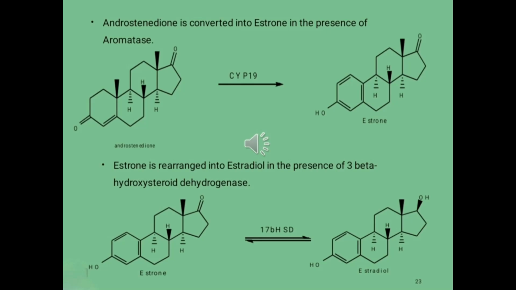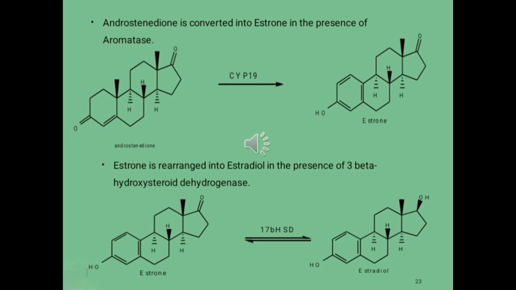You can see in this reaction, the difference between these two structures is the presence of aromatic ring in the estrone, which is not present in the previous molecule. There is also a change at carbon 3 position because the carbonyl group is present in the androstenedione. However, there is a presence of hydroxyl group at carbon 3 position in the estrone.